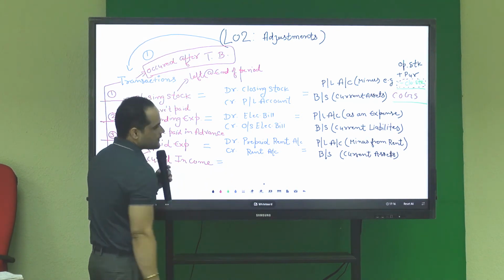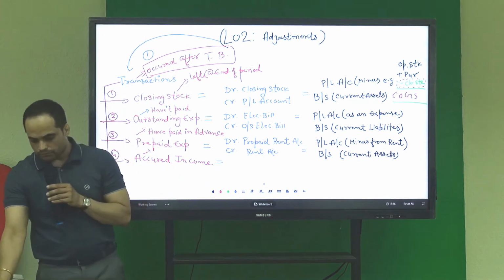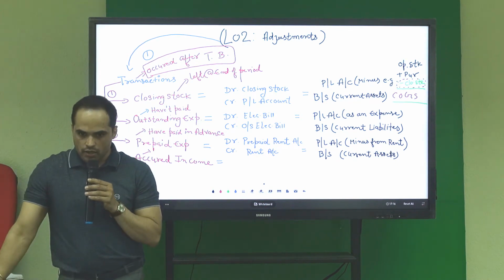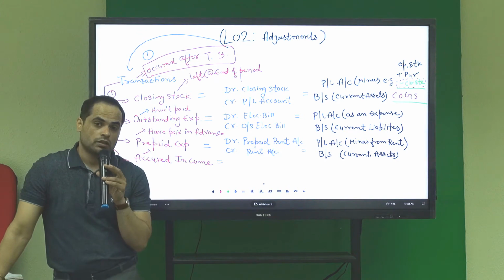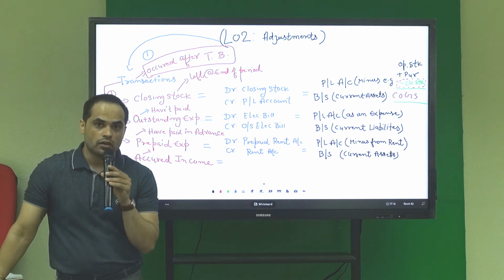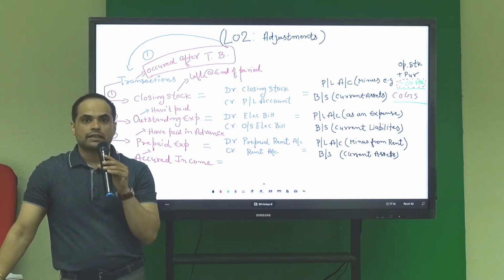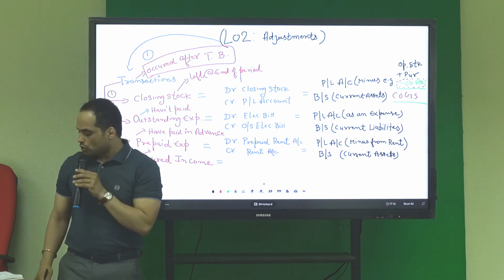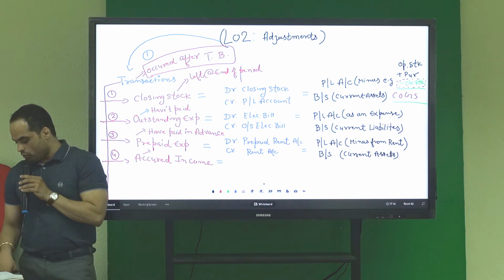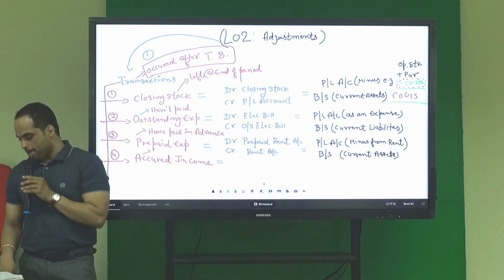Accrued income means any kind of income that you earn but you haven't received. The income that you earn but haven't received is called accrued income. So what will be the treatment for accrued income, accrued interest?